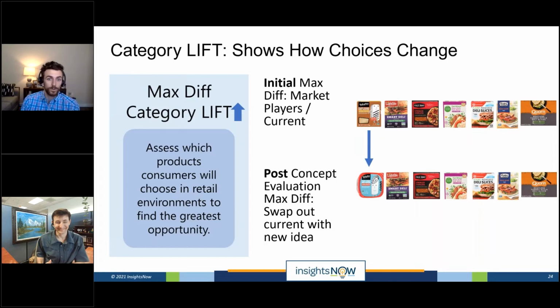So first, category lift is a metric to help quantify which product concepts have the greatest opportunity in the retail environment. So for Tofurkey's case study, we conducted an initial category max diff to provide a benchmark to the plant-based meat alternative category, and then did a concept max diff using consumers' first ranked concept.